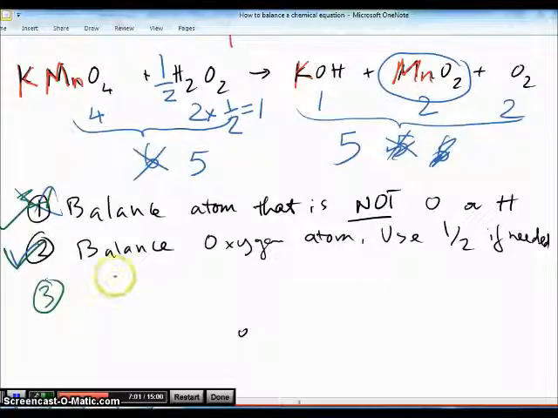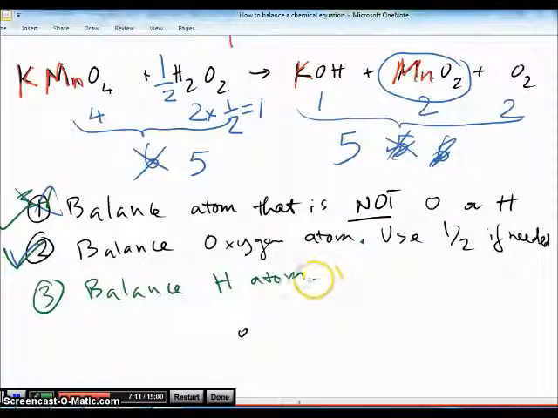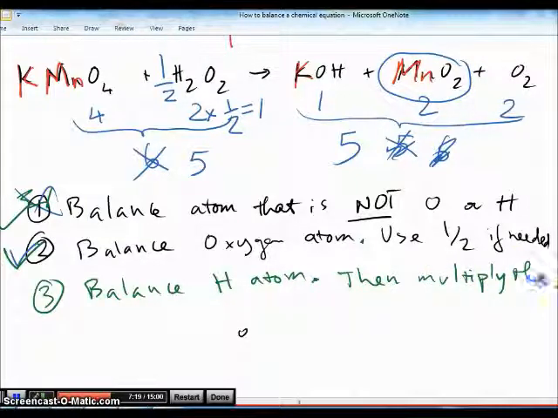Okay, step number 3. Balance the hydrogen atoms, the H atoms, and then multiply the whole equation if needed.